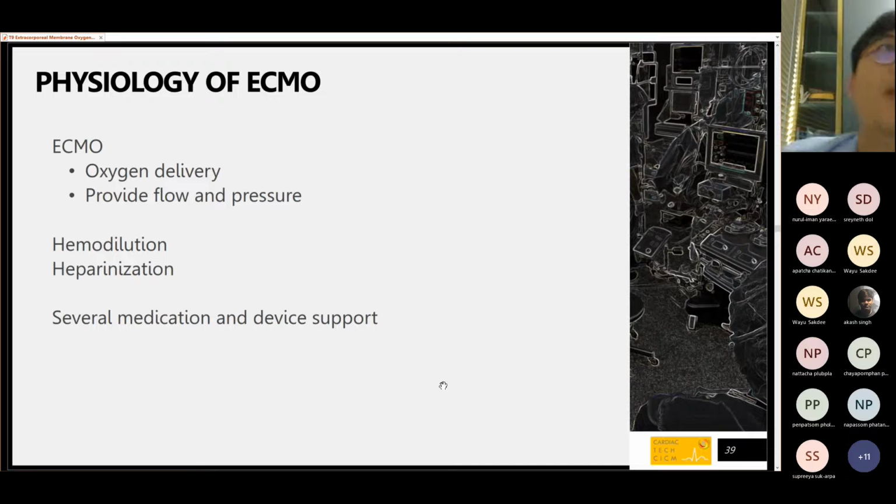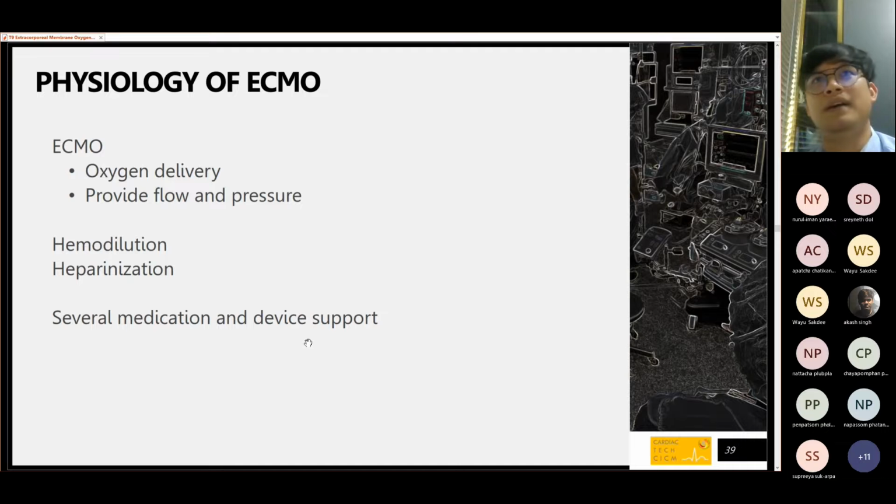ECMO functions for oxygen delivery and provides flow and pressure to the patient, but there is still hemodilution and heparinization. So ECMO is quite the same as using CPB. But ECMO has several devices as support, so we still have the ventilator.